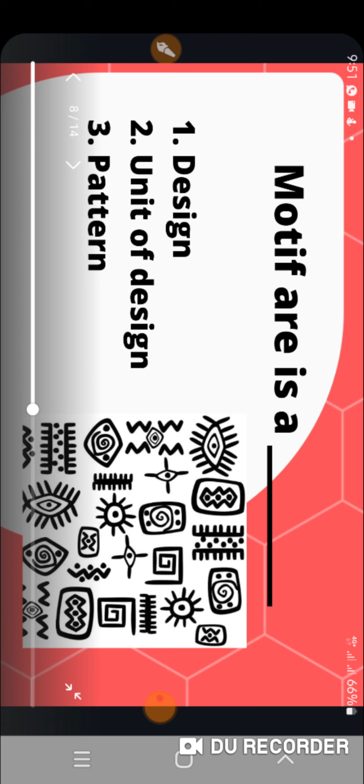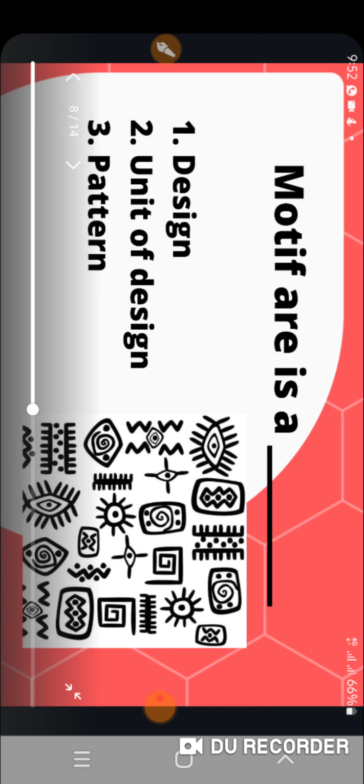Okay, let all 4 of you vote. If you are going for the design, raise up your hand. If you are going for the unit of design, raise up your hand. Can you convince me that you are right?